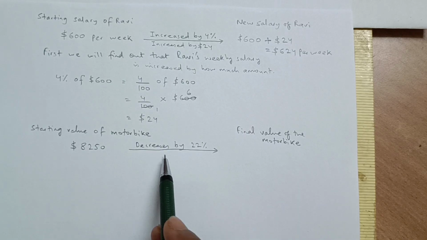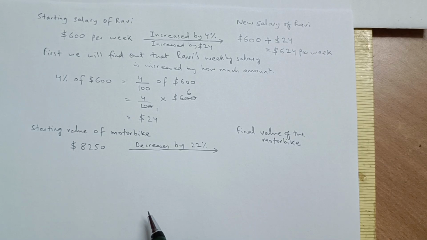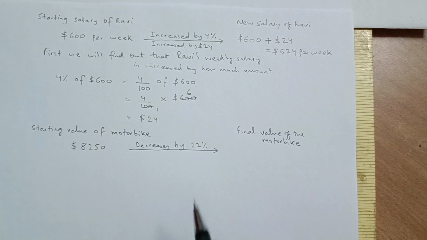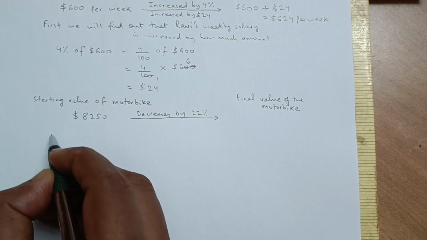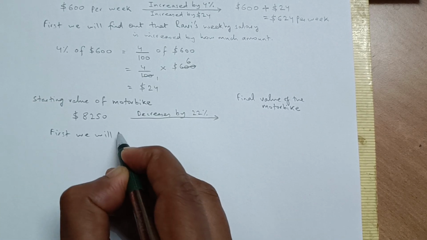So decrease by 22% means decrease by how much amount? First we will find out by how much amount the value of the motorbike is decreased.